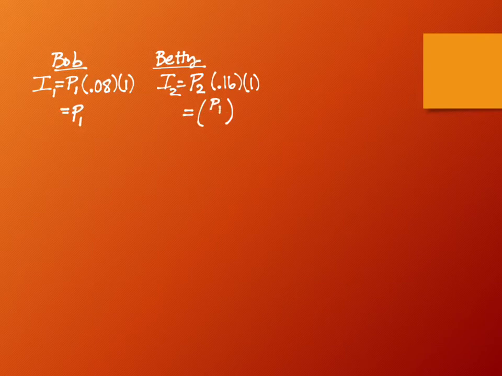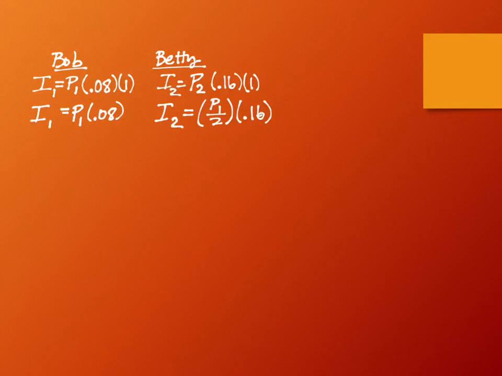Yeah, P1 divided by 2 or times 1/2. And you can use decimals if you want. So if you want to put 0.5 P1, that's fine. I'm going to write it as divided by 2 times 0.16. So there's my first interest, and here's my second interest.